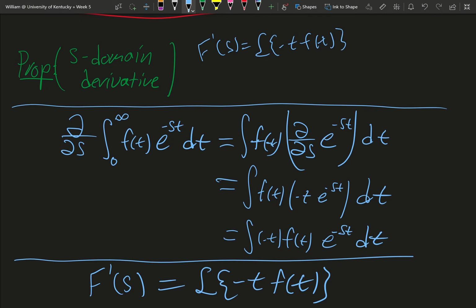And if I just move the negative to the other side, I get the Laplace transform of t times f of t is negative the derivative of F of s.